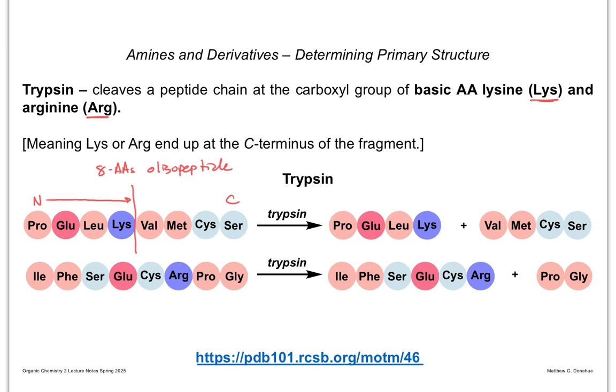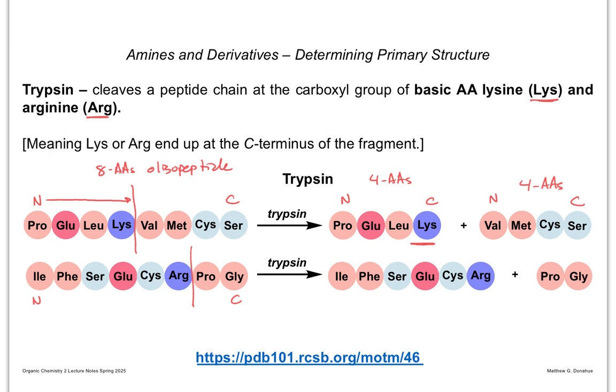And then we end up with 2 fragments, each with 4 amino acids. And notice now the lysine is at the C terminal of one of them. In a second example, we read from N to C. We're scanning over 1, 2, 3, 4, 5, 6. We hit an arginine. We're going to cleave there.